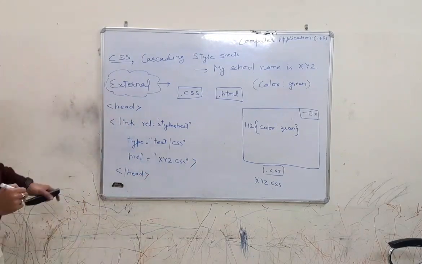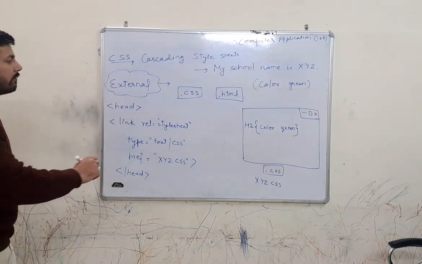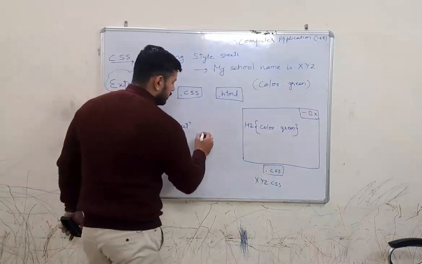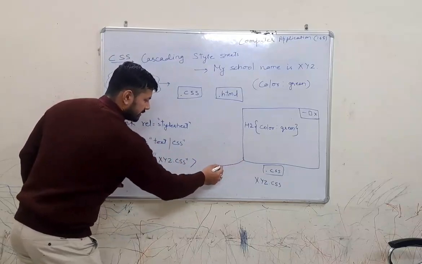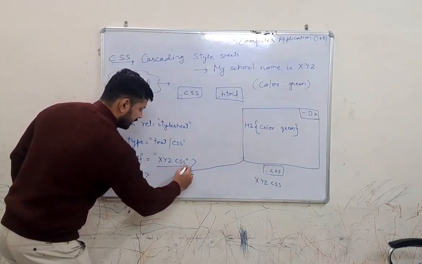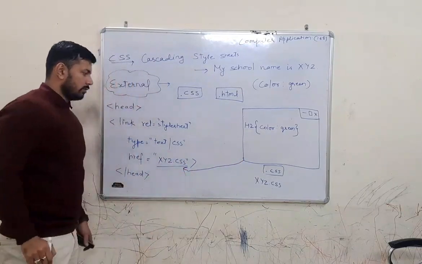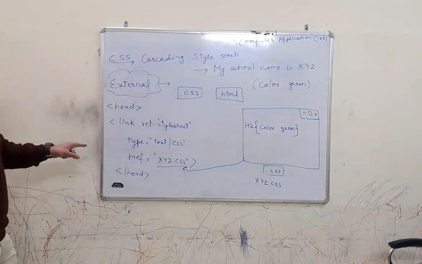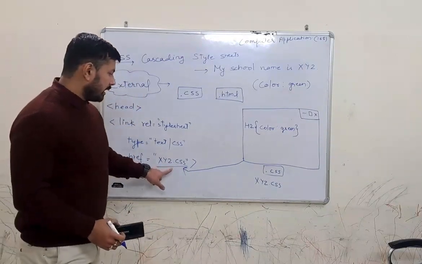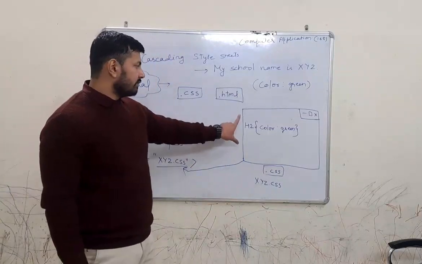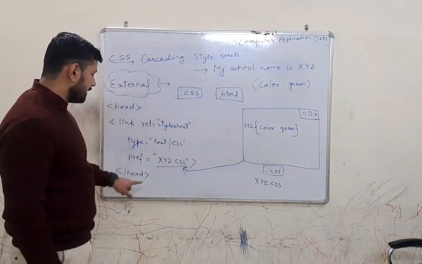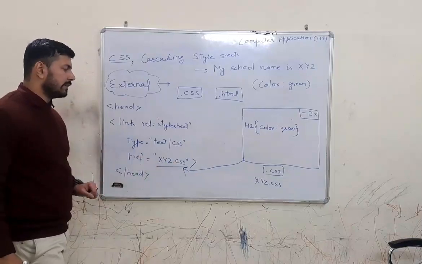Okay, this is how we embed our external style sheet. I have added this external style sheet here. This is how I will add an external style sheet. Here I provided the location of this file, which is saved as xyz.css.